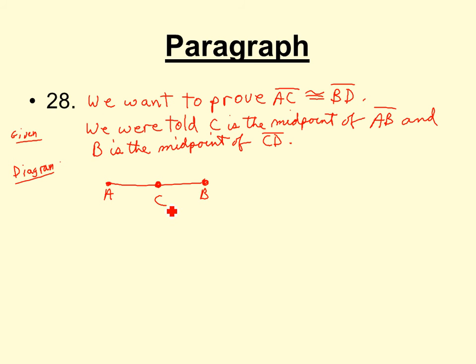Then they tell us that B is the midpoint of segment CD. Well, that means I'm just going to extend this segment out. And we're going to put a D out here. And we know that B here is in the middle of that segment. So that tells us this segment and this segment are congruent. That tells us these two segments have to be congruent.